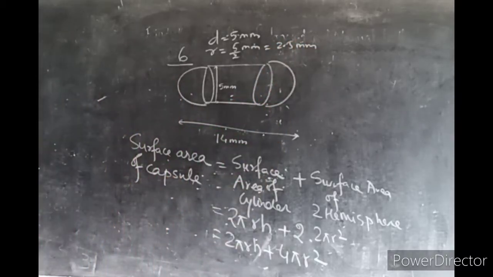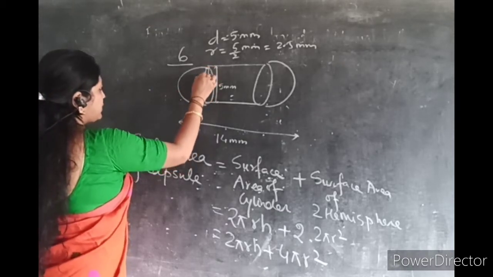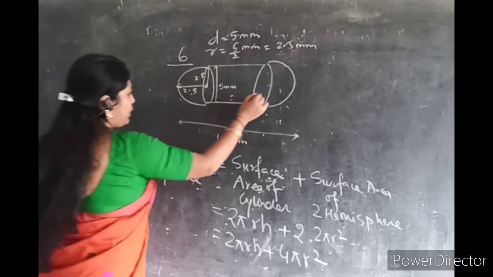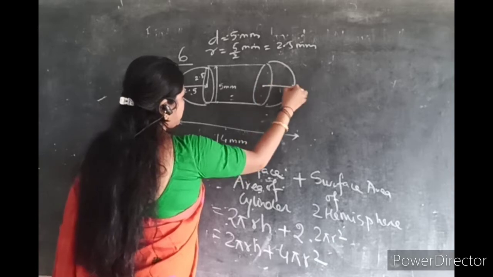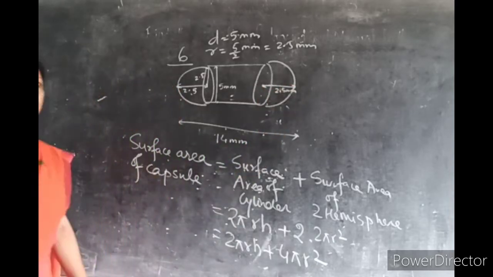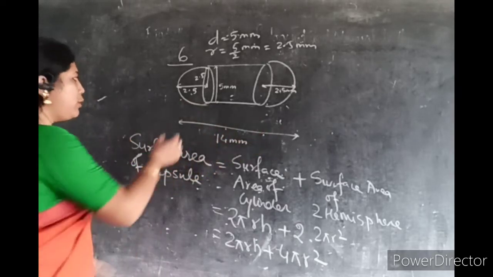So your radius is how much? 2.5 mm. That means from here to here, this is 2.5. That means from here to here will also be 2.5, and from this center to this perimeter will also be 2.5.